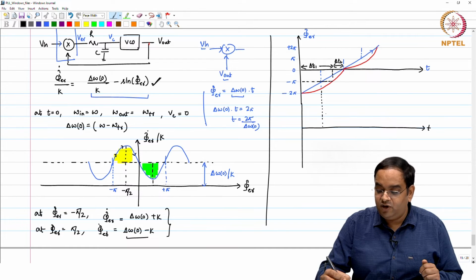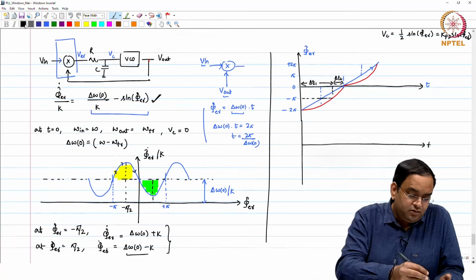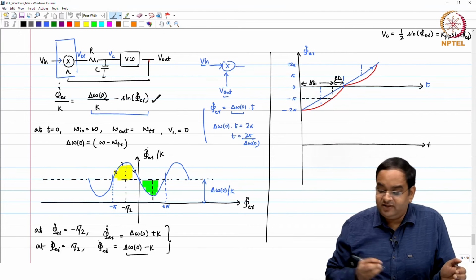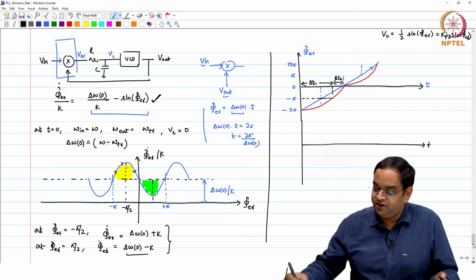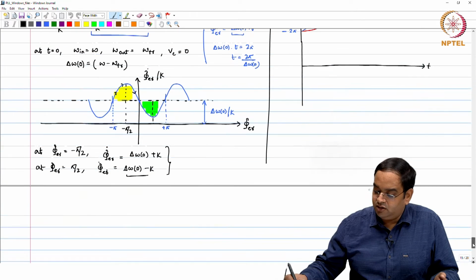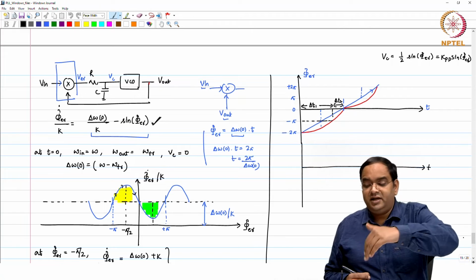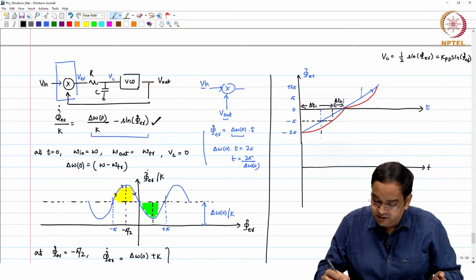Okay. If error voltage is sine times the phase error, then what you are going to see is the error voltage for the case when your phase error is not changing linearly, and it always keeps on going from minus 2 pi to 0 and 0 to 2 pi, right. It keeps on increasing, but with a different rate of change.